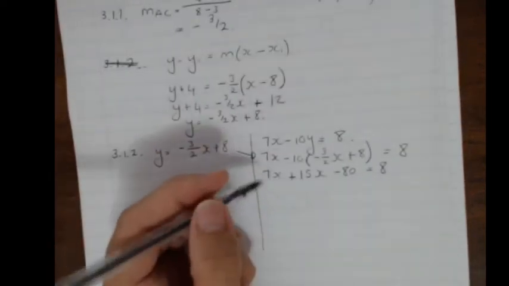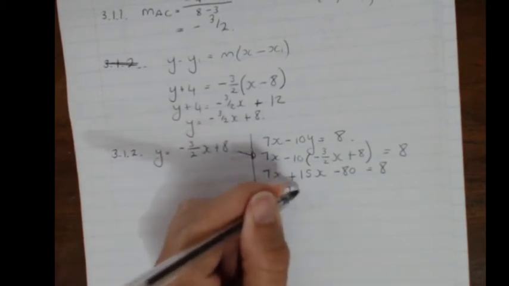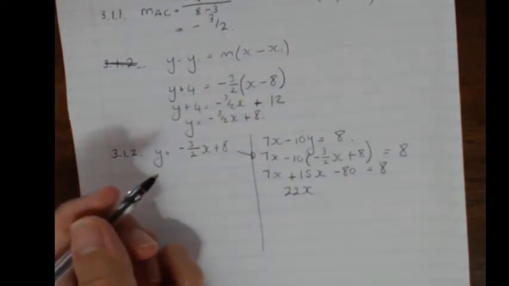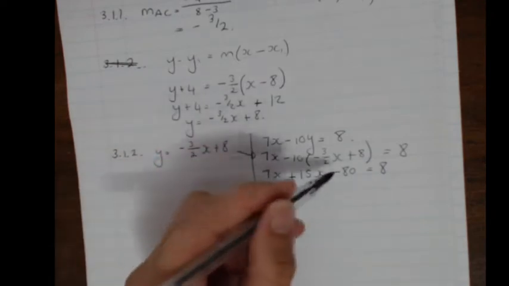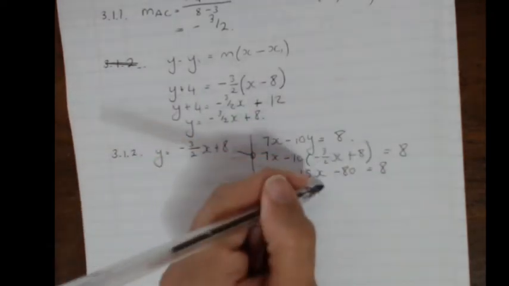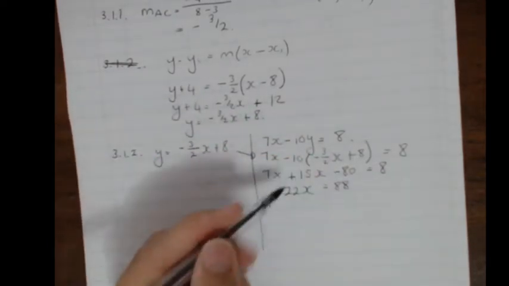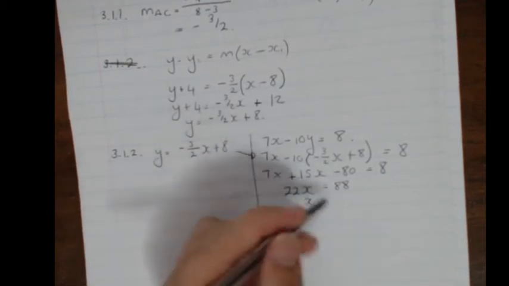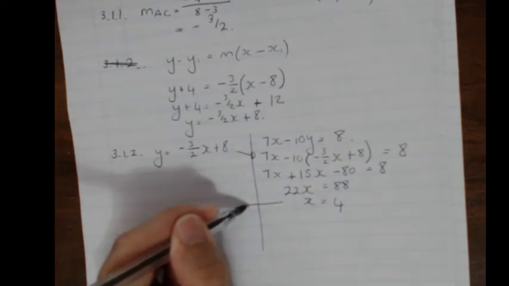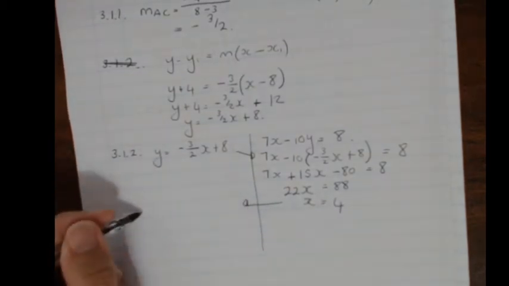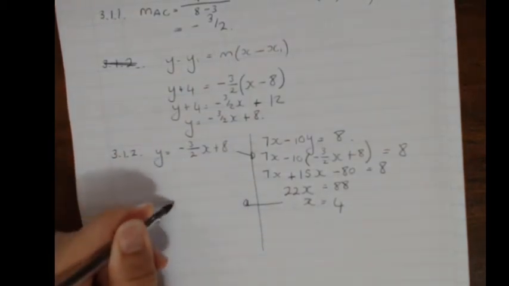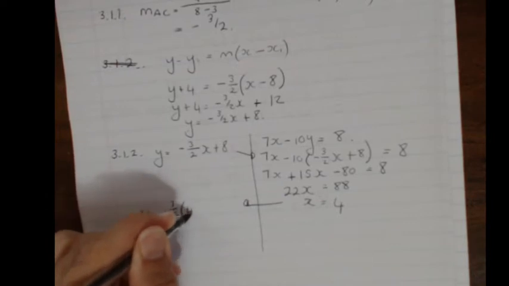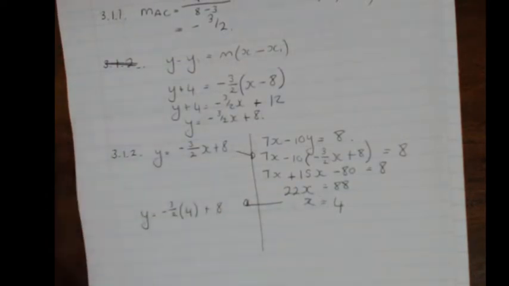So 7 plus 15, 22. And if I jump the 80 over, I have there 88, and x is then 88 divided by 22, which is 4.